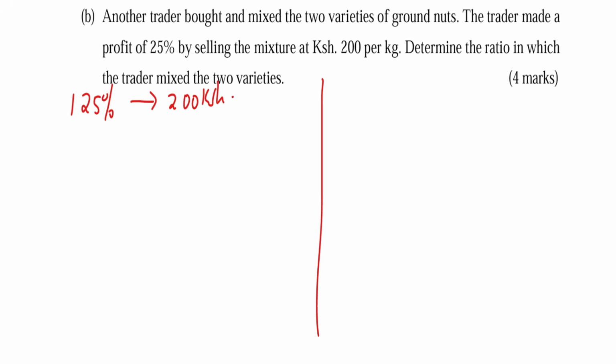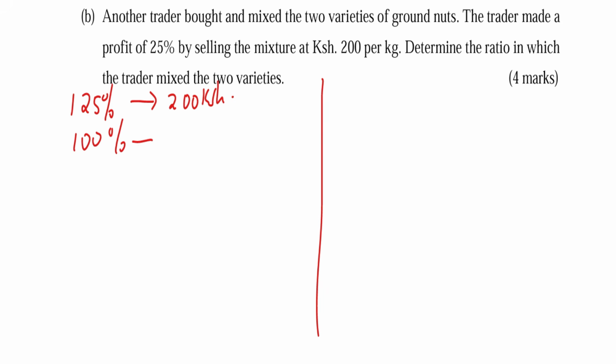Now you need to know the cost, because when you are mixing you are finding the cost. It is not that you just mix and then you get the selling price. No, you need to find the cost after the mixture and then you'll sell it afterwards. So what is 100%?